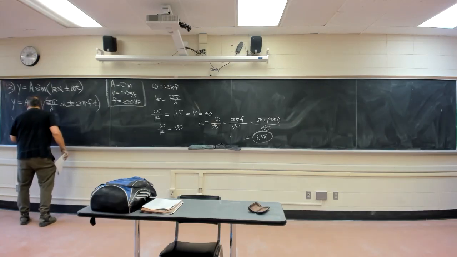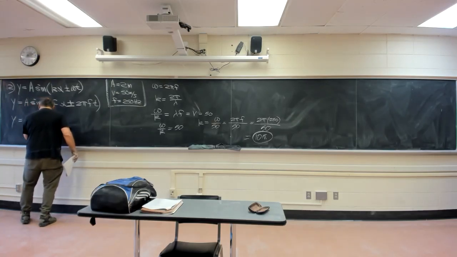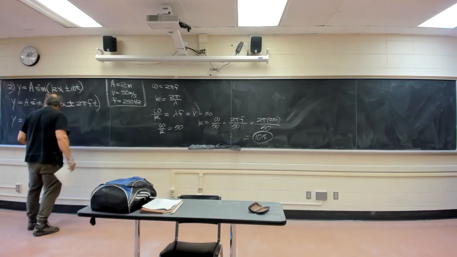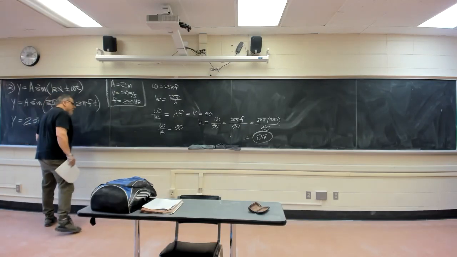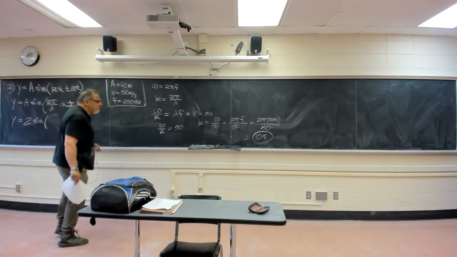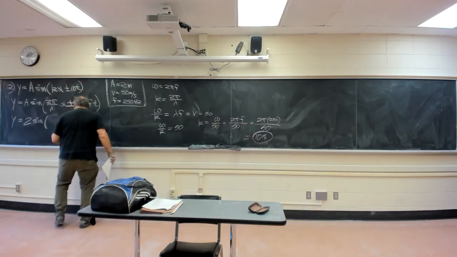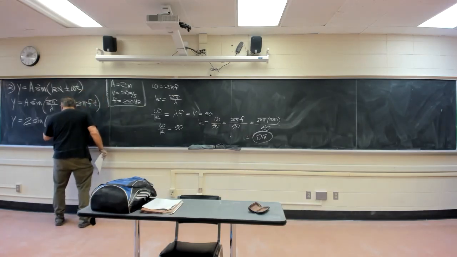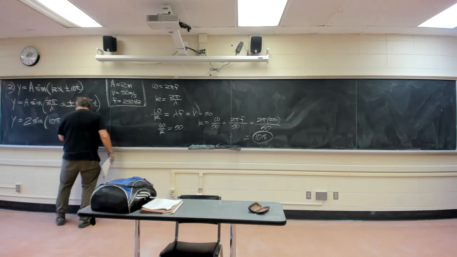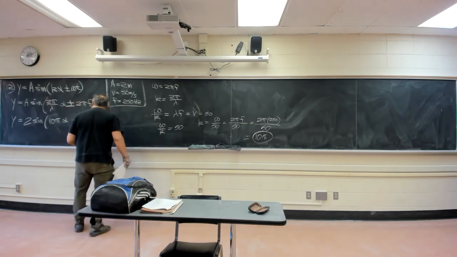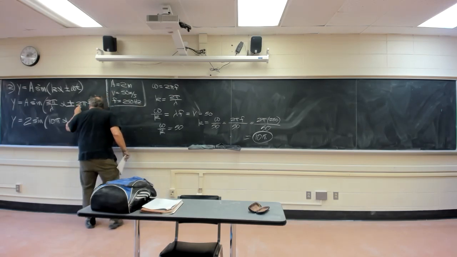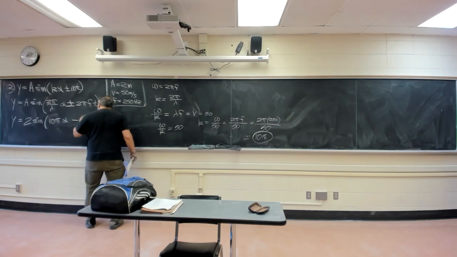Y equals 2. They just told us the amplitude was 2. 2 pi over lambda is what k is. Well, we already played that game enough. We know that k is 10 pi, so put an x here. It's going to the left. I'm sorry, it's going in the positive x direction, so it's a minus. Then 2 pi f t, 2 times 250 is 500.